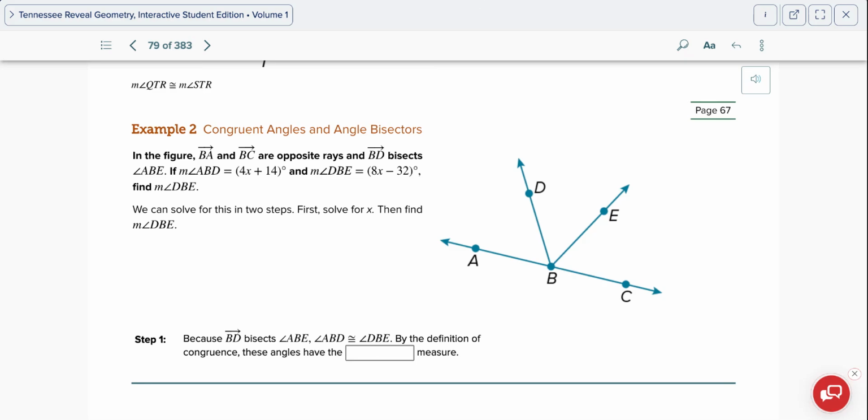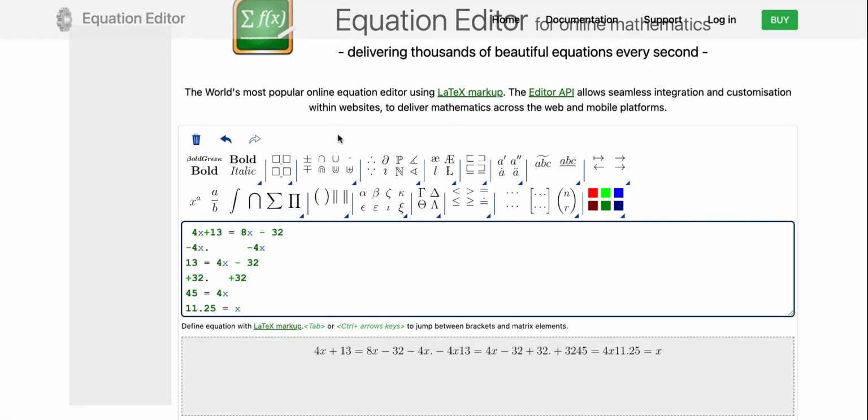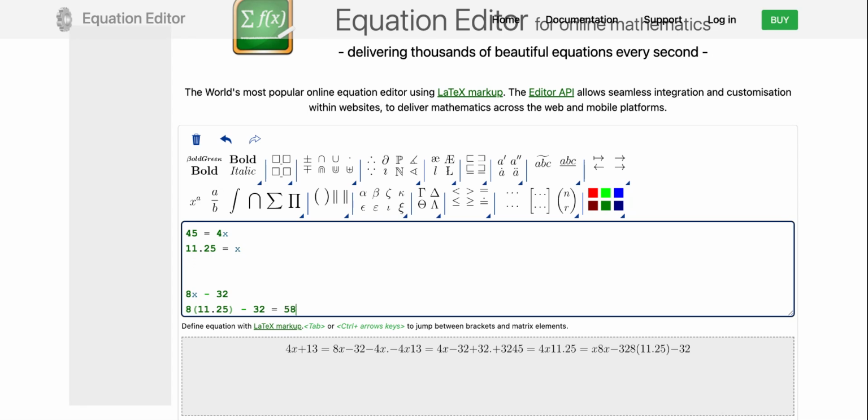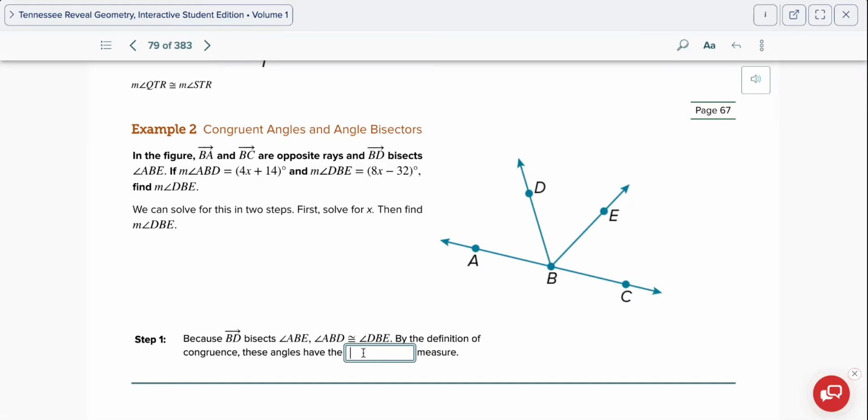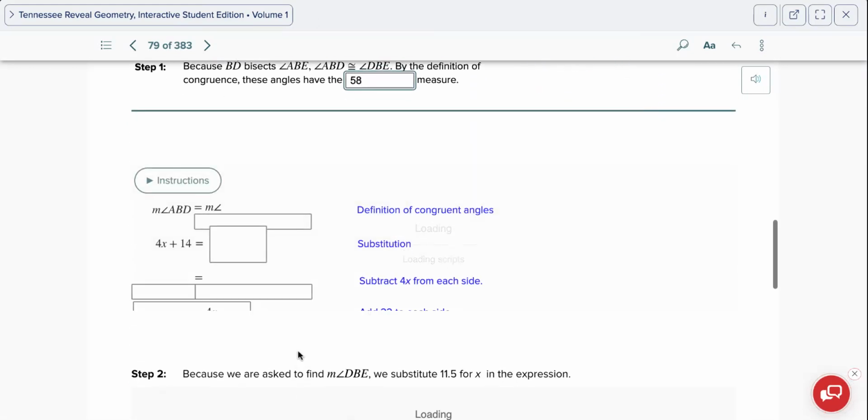So grab your calculator, everybody. I'm going to replace the x with 11.25. So I'm going to multiply times 8 and then subtract 32. And I got 58 degrees. So it looks like it's going to be 58 degrees.